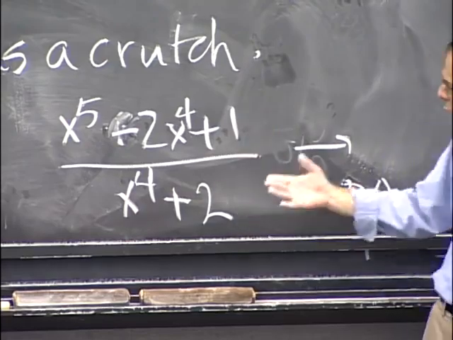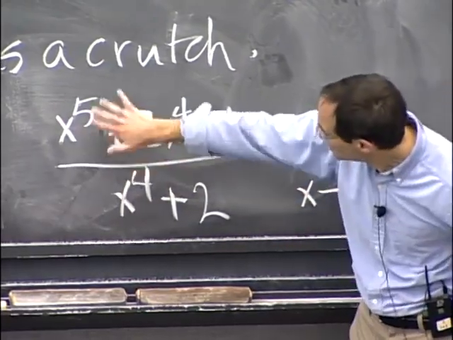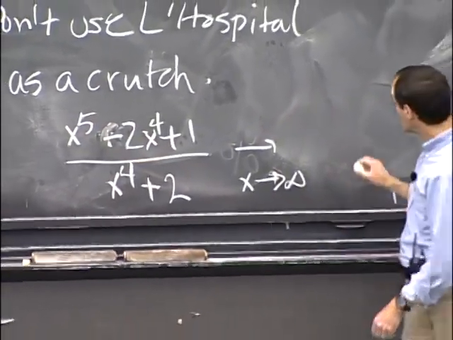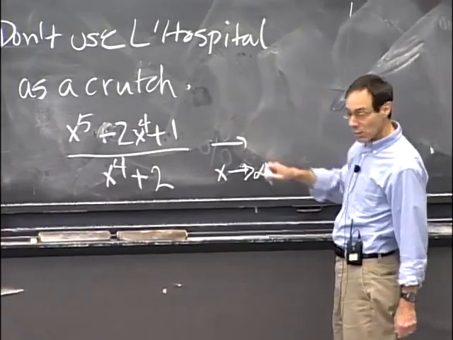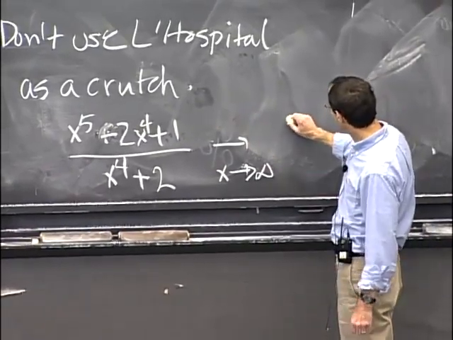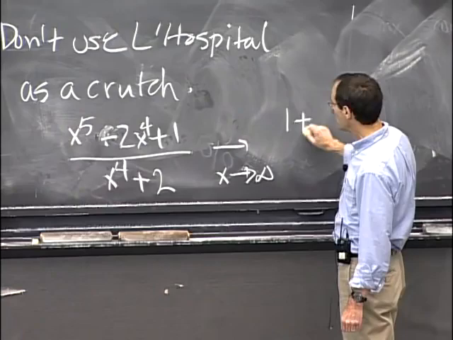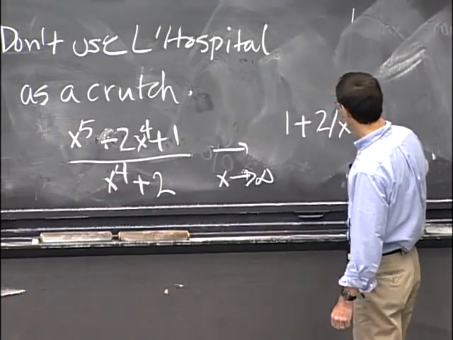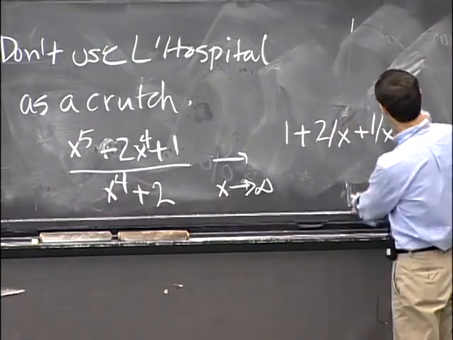But really, you should realize that the main terms are sitting there right in front of you and that there's some algebra that you can do to simplify this. Namely, it's the same as 1 plus 2 over x plus 1 over x to the 5th power.